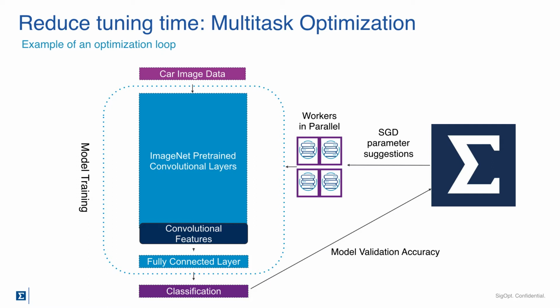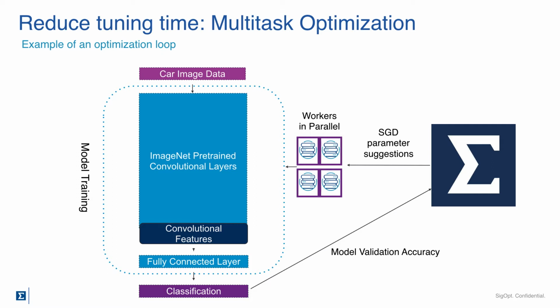We'll train our model using these parameters and pass back the model's validation accuracy to then get the next set of parameters for stochastic gradient descent. So it's essentially this loop where over time, using these model validation accuracies, SigOpt can give us better parameter suggestions, and we should see our model's performance increasing over time. And we're going to run this in parallel because tuning takes a while.